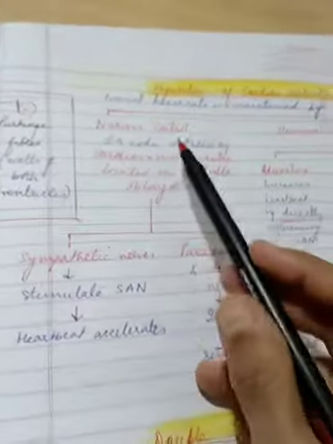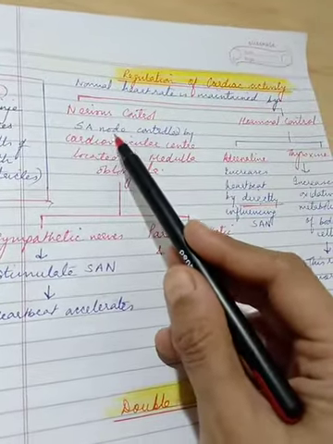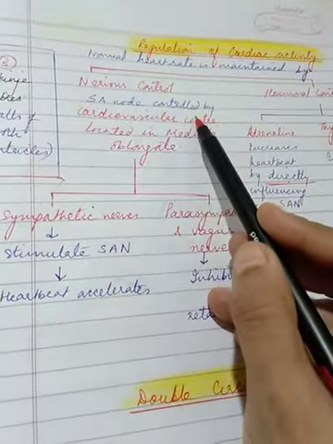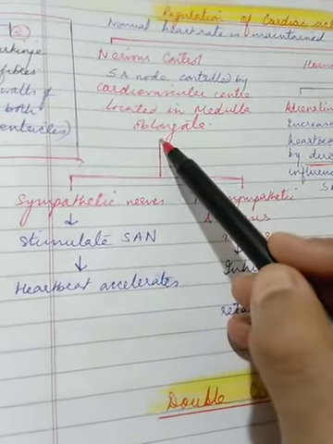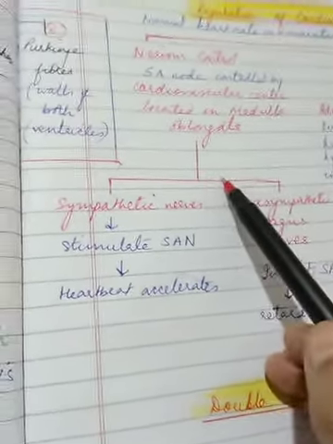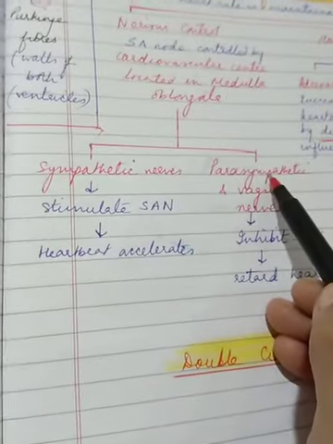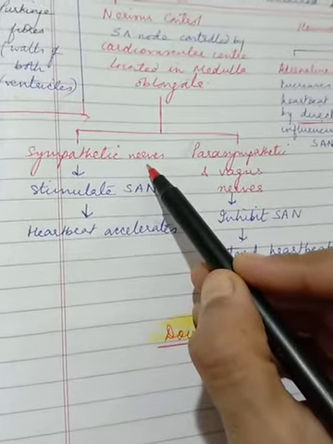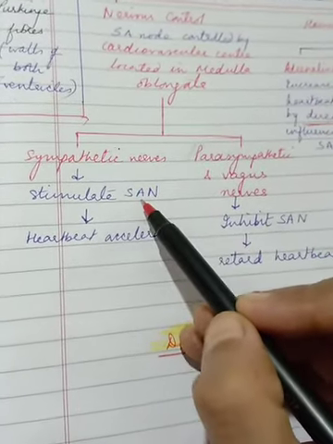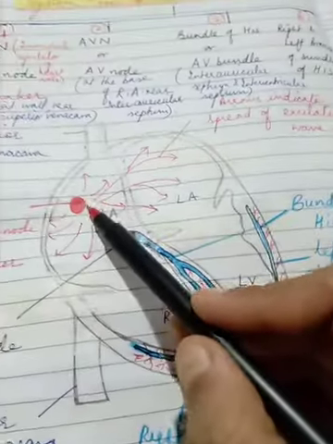So what happens? Look at this now. The nervous control: the SA node, just now I showed you how it is controlled by the cardiovascular center located in the medulla oblongata. Now it is made up of two sets of nerves which arise from this center. One set we call the sympathetic nerve. This stimulates the SAN, that means it will be speeded up, right?